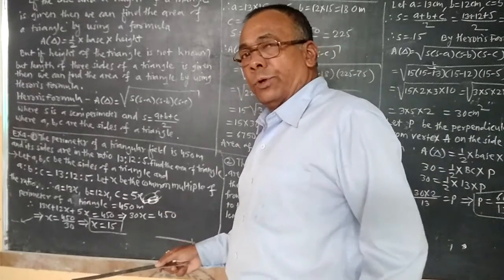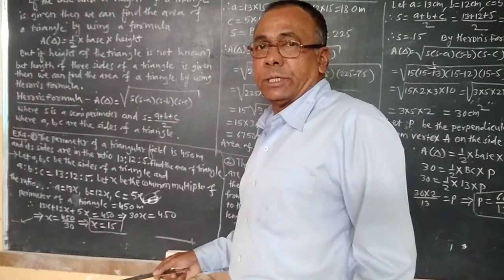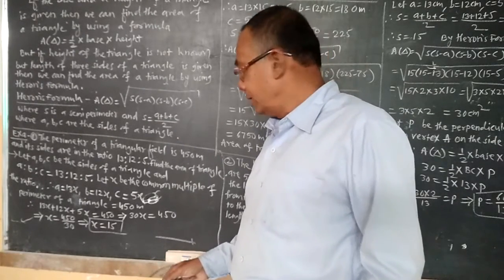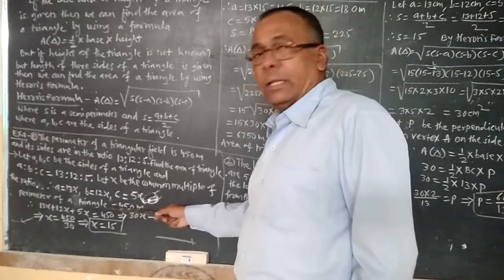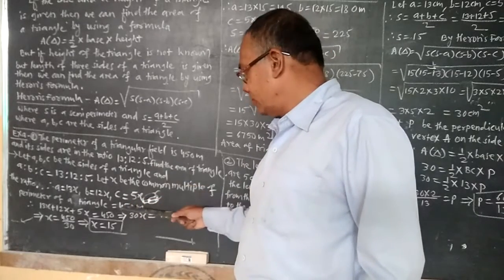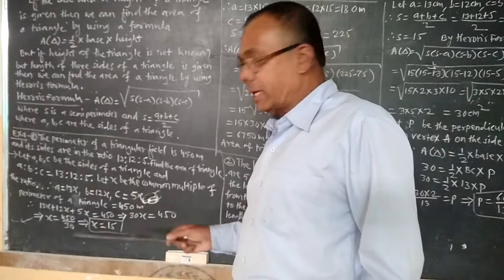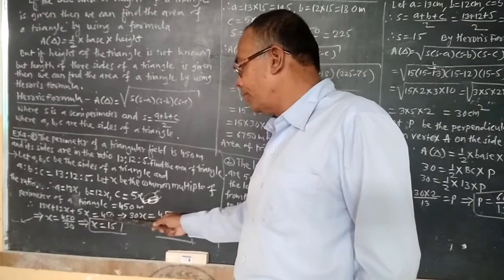Now we know perimeter is the sum of all the three sides of the triangle, and therefore the perimeter of the triangle, it is given, it is 450 meter, and therefore 13x plus 12x plus 5x is equal to 450.